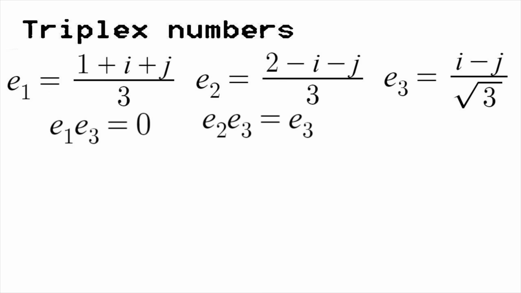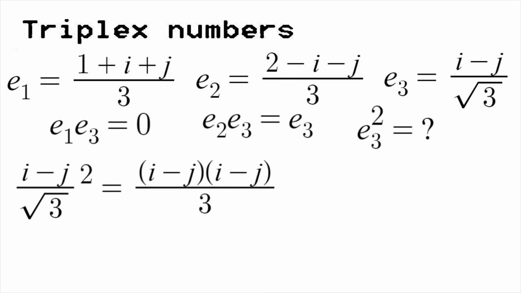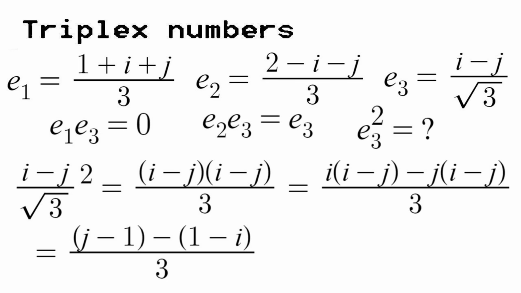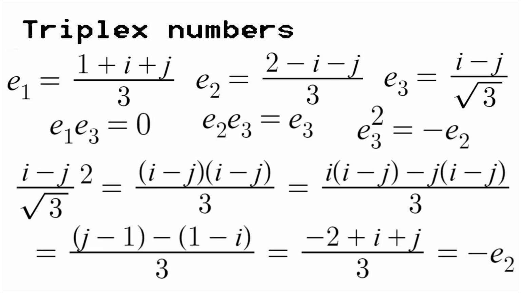Curious. Now let's evaluate E3 squared. This may be written (i - j) times (i - j) over 3. Expanding that out gives this, then this, and finally this. Pull out the negative 1, and we're left with the fact that E3 squared equals negative E2.